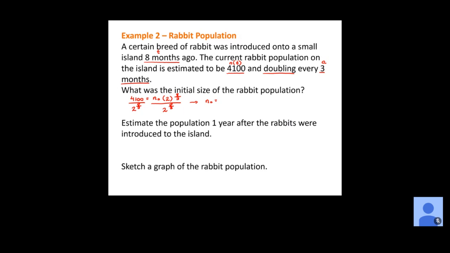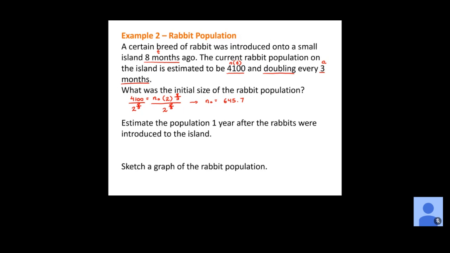The exact value that I get when I do that is 645.7.